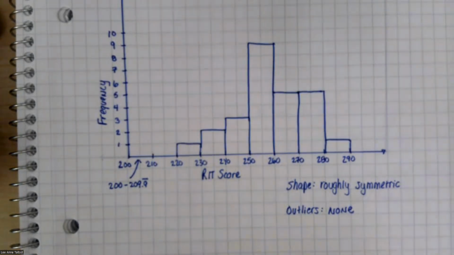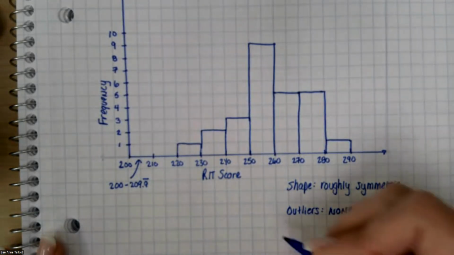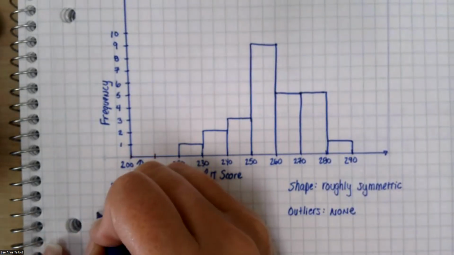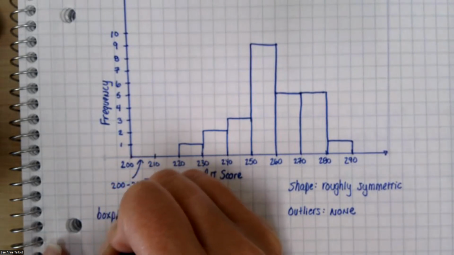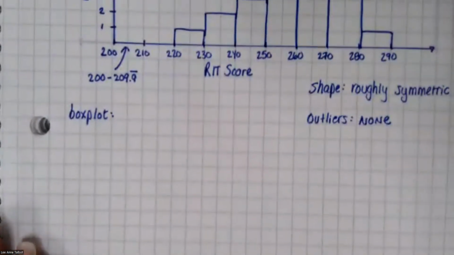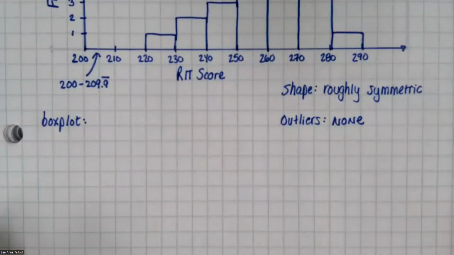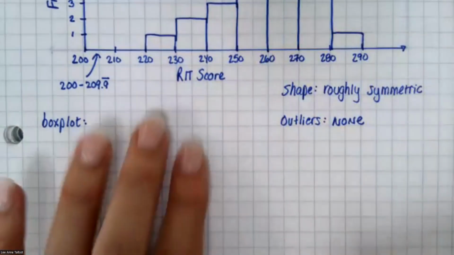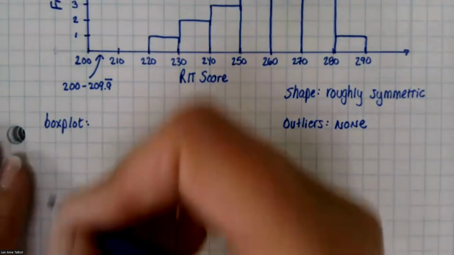Okay, now we're going to make the box plot next because that's going to help us get our center and spread. I need to show you how to make the box plot on the graphing calculator because it's much faster than doing it by hand. So first thing you're going to do is write some calculator directions here.